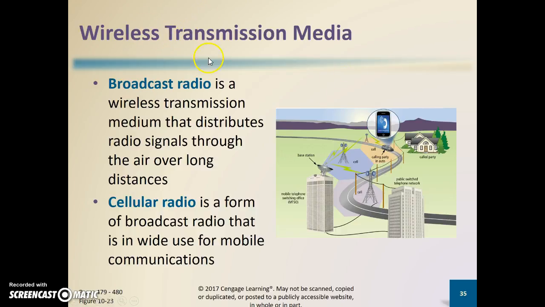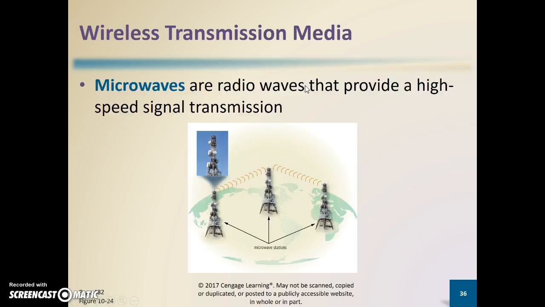These are ways that wireless transmission media happens through broadcast radio or cellular radio. And then these microwaves are called fixed wireless media.